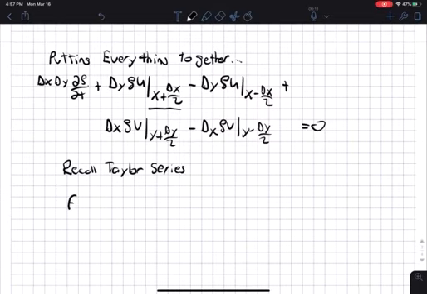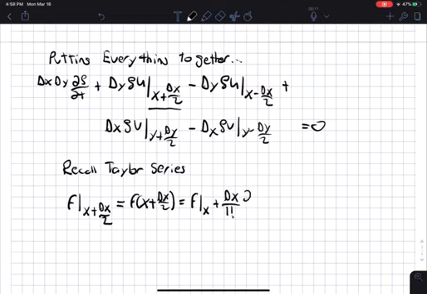If we have f at, say, x plus delta x over 2, this is equal to f evaluated at x, plus delta x over 2 times 1 factorial times partial f partial x, plus delta x squared over 2 squared times 2 factorial partial squared f partial x squared, plus, and so on and so forth.